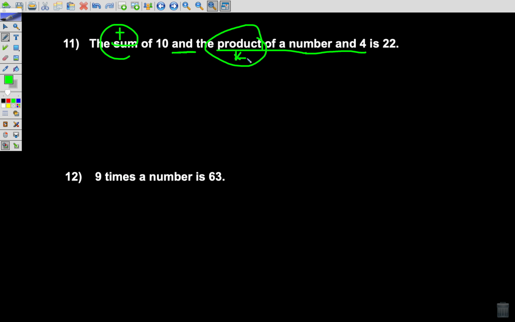What am I multiplying? A number and 4. So I'm doing x times 4. That's my product. What am I doing with that? I am summing it with 10. So 10 plus x times 4, or 4x, equals 22. And that's how I follow, okay?